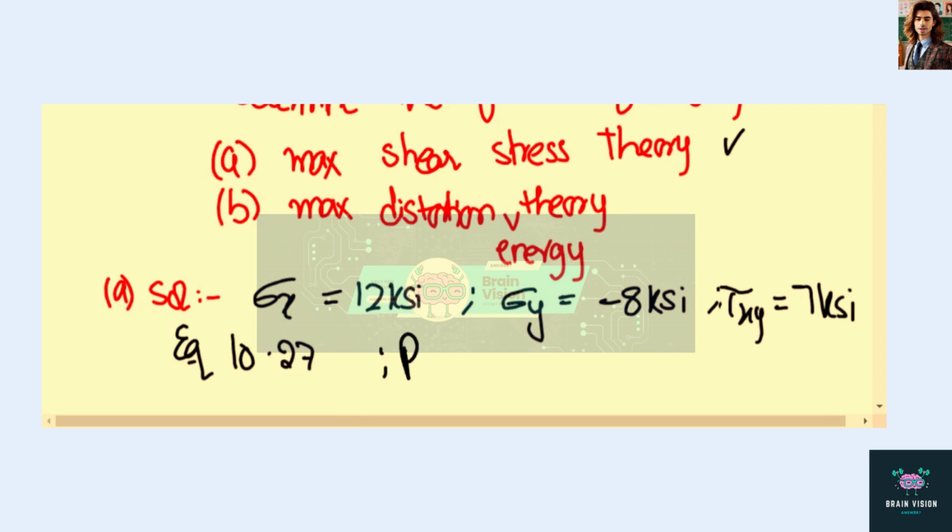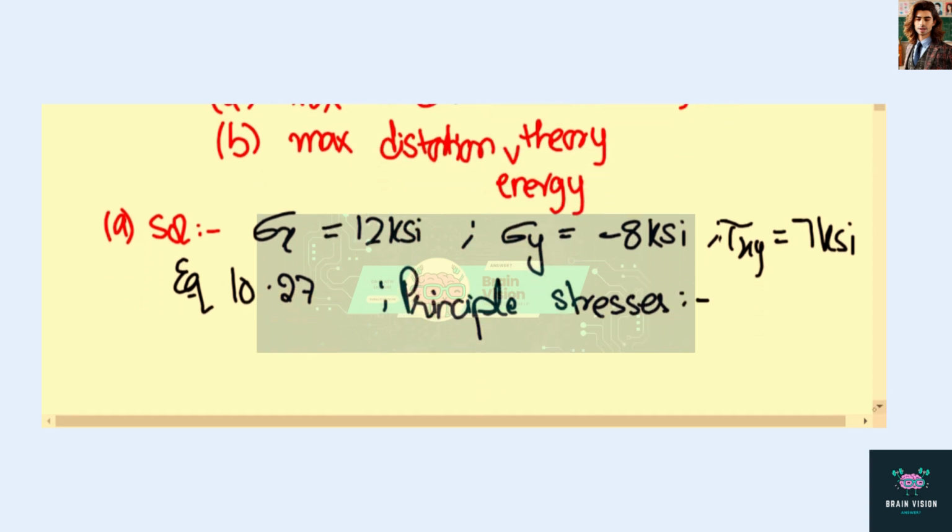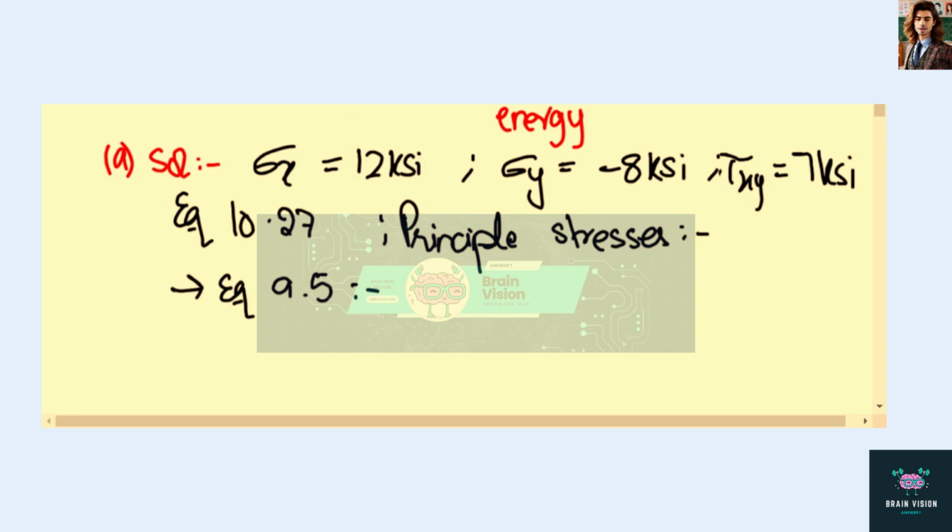However, to determine the correct version of that equation for this case, first of all, we need to find out the principal stresses. To do so, we need to use equation 9.5. Let me write it over here.